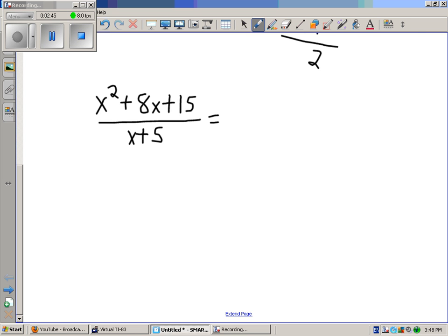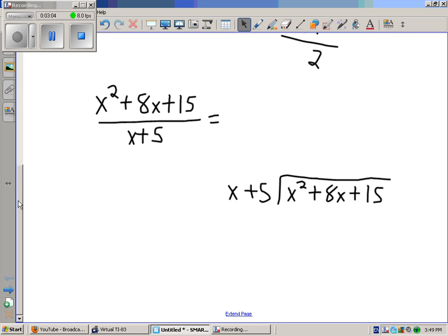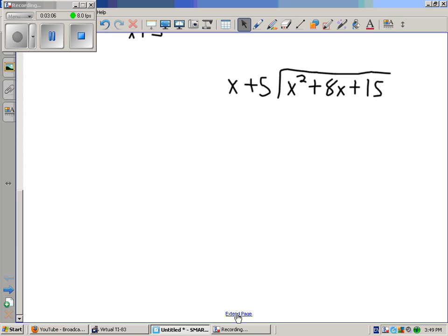We actually set it up much in the same way. The denominator goes over here, and the numerator goes inside. X squared plus 8x plus 15. Now, this is where things start to differ from long division with numbers.